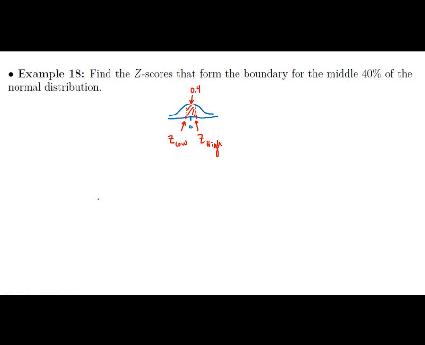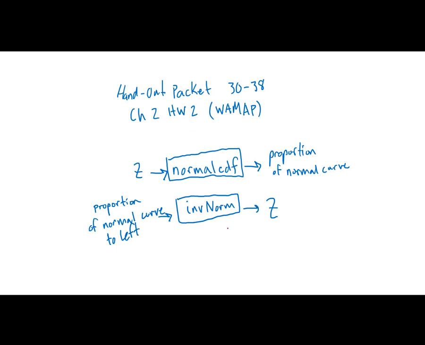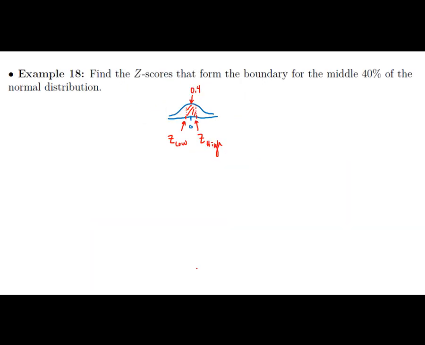So if we want to know a z-score and we know a proportion, then that should be telling us to use inverse norm, right? Because if I go back to the little diagram here, inverse norm spits out z-scores. It will tell us z-scores. All right, so let's start with z-low.